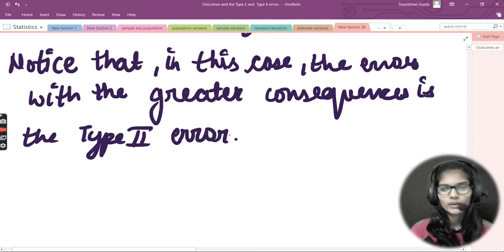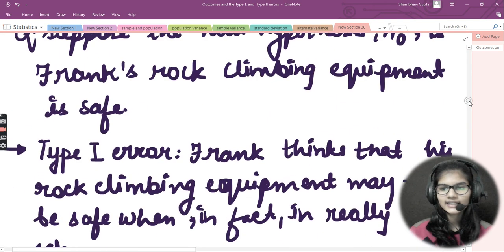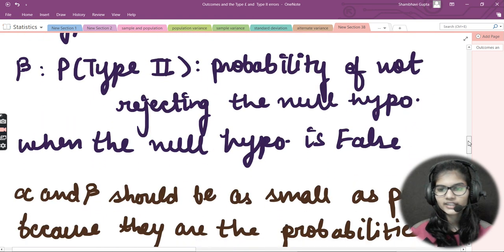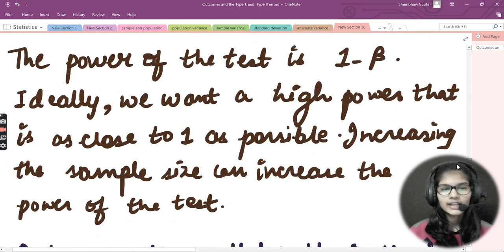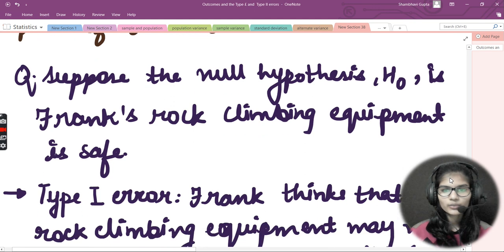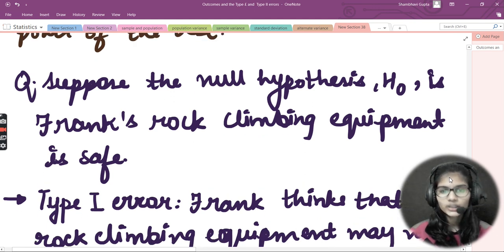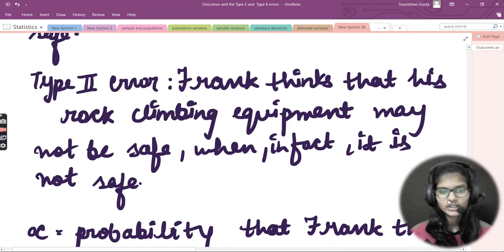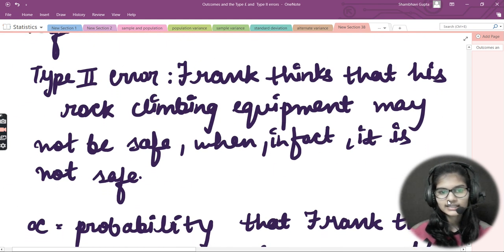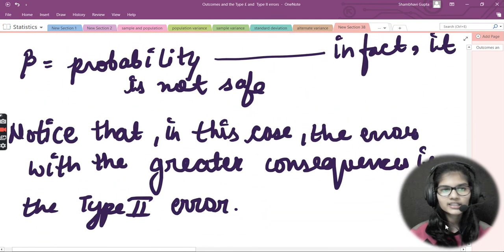Now how can I say this very surely? Read out the question once again. Suppose the null hypothesis H naught is that Frank's rock climbing equipment is safe. My type 2 error says that Frank thinks that his rock climbing equipment may not be safe when in fact it is not safe. This is the probability of type 2 error, my beta.